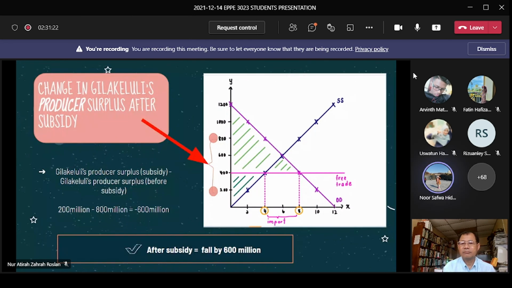I'm sorry, but can you please repeat the question because we couldn't hear properly? My question was to explain the change in Gila Kaluli's producer surplus after the subsidy. Thank you.